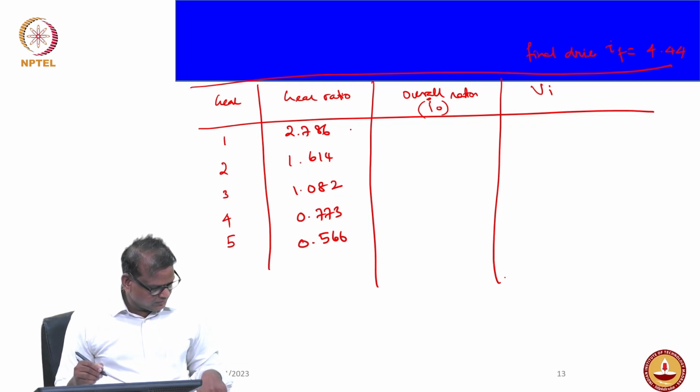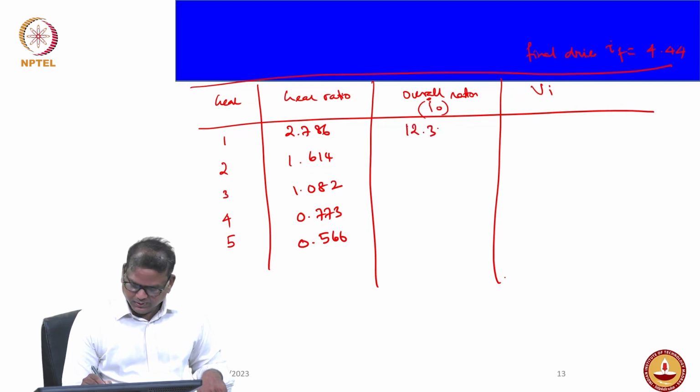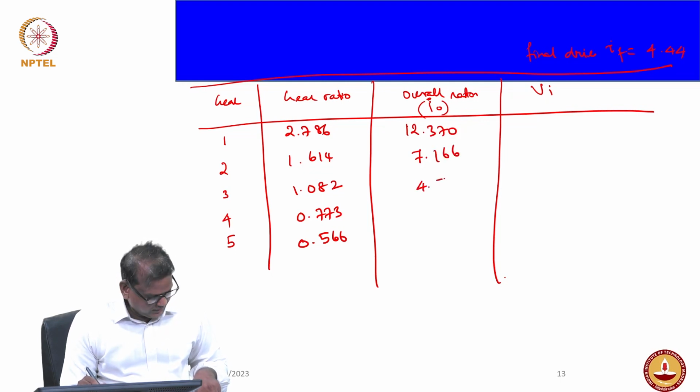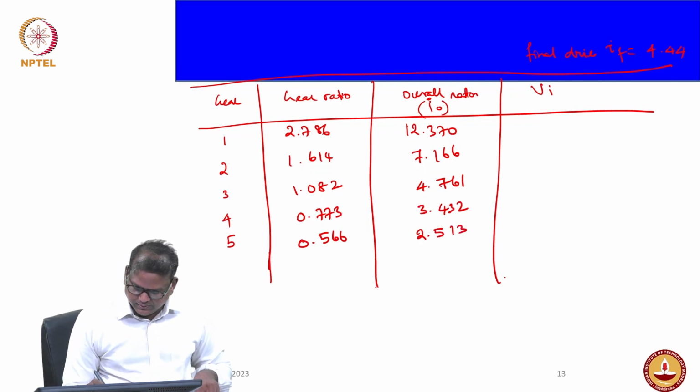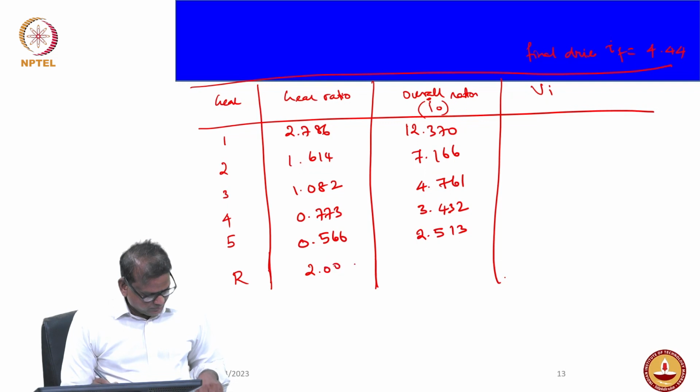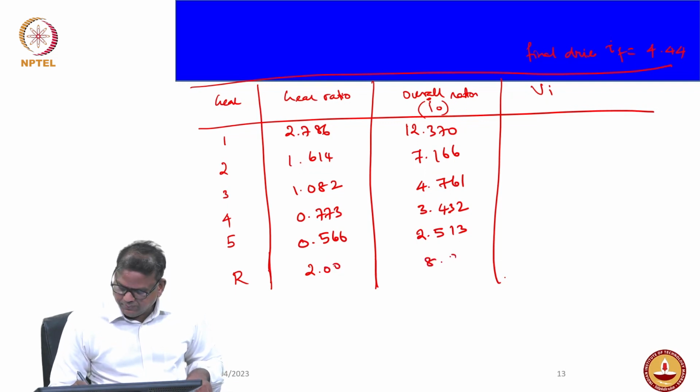When you multiply, you are expecting 12.370, 7.166, 4.761, 3.432 and 2.513. Of course, this is only the forward speed. There is a reverse speed also, right? The reverse ratio is 2 in the problem. So for that, this gives you 8.88.